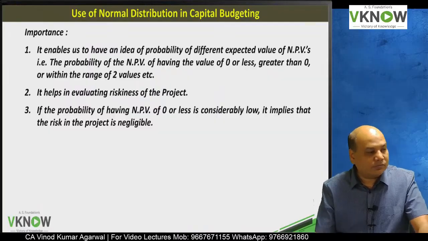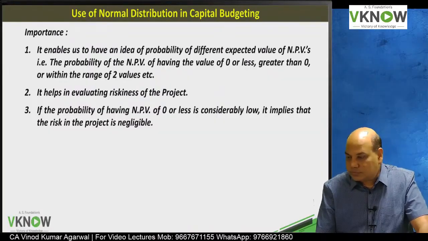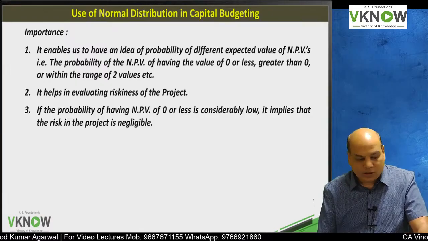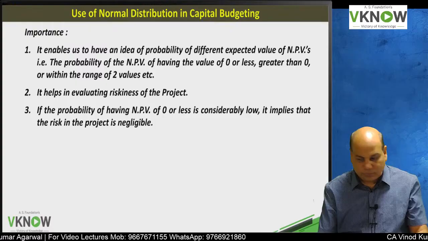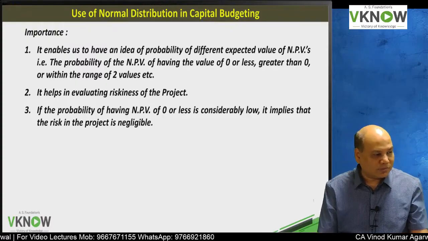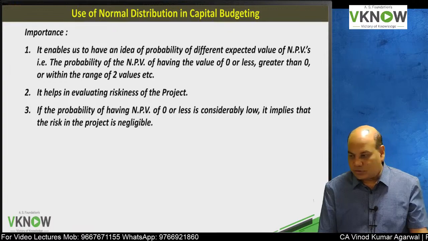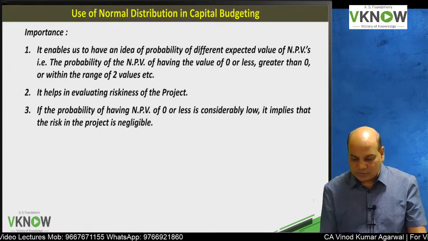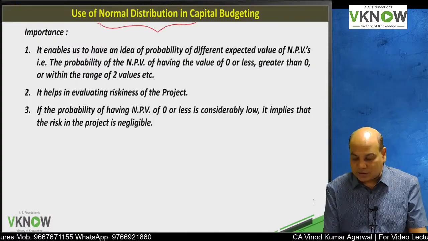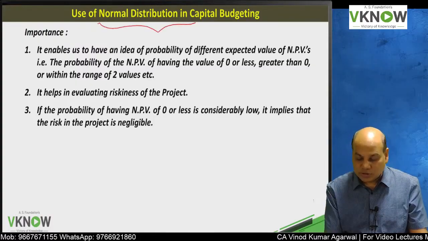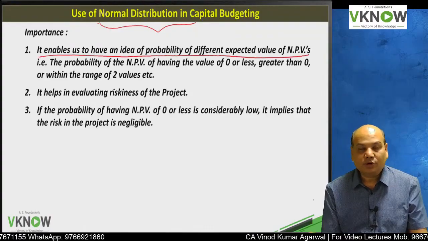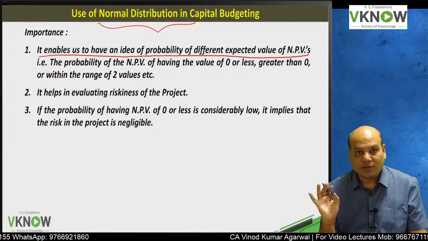Next paragraph now. Up to this we have covered. Next paragraph now. Use of normal distribution in capital budgeting. Why are we learning something? We are learning something for some purpose. The use of normal distribution in capital budgeting is that using this normal distribution we can calculate the probabilities of different possible NPVs.